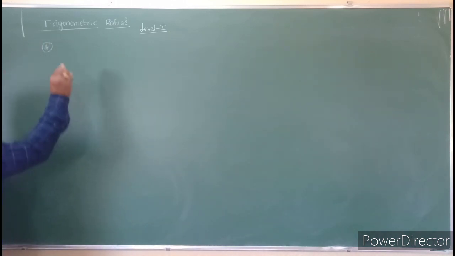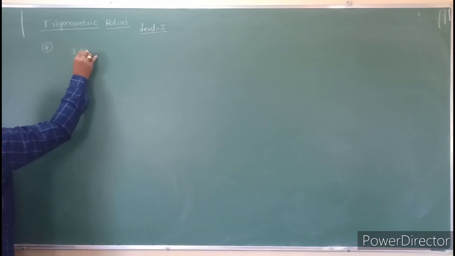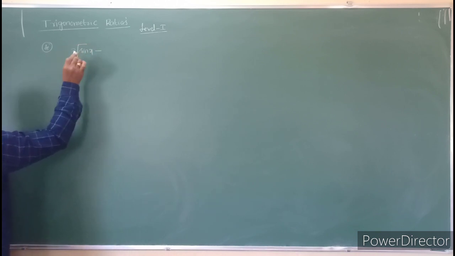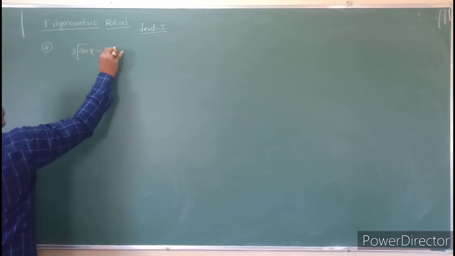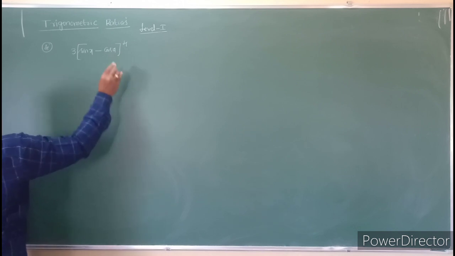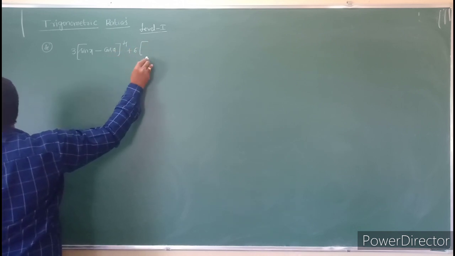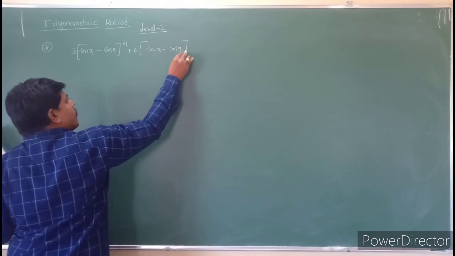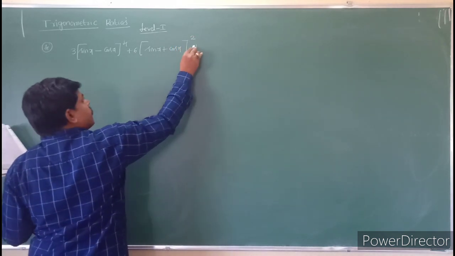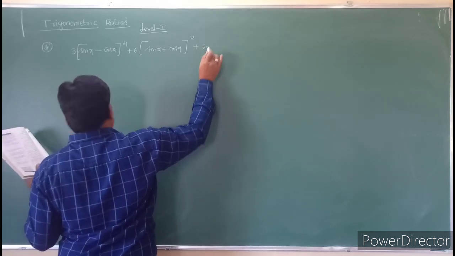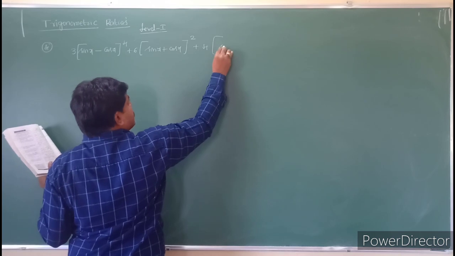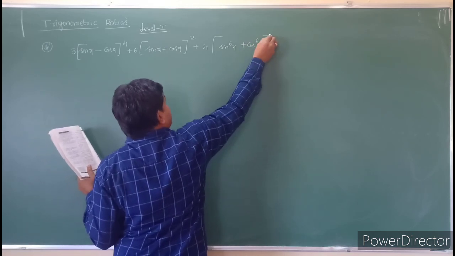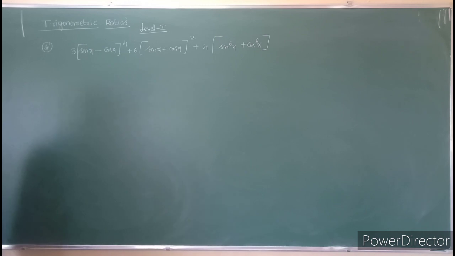They are asking you to calculate 3 into (sin x minus cos x) whole power 4 plus 6 into (sin x plus cos x) whole square plus 4 into (sin power 6 x plus cos power 6 x).